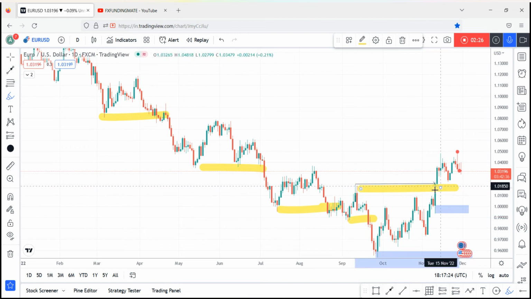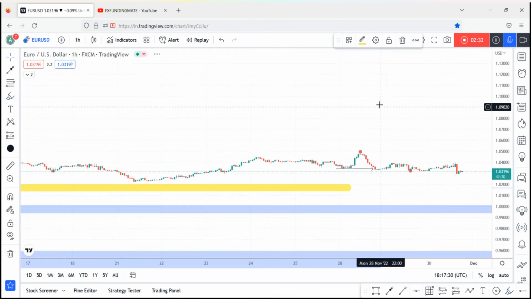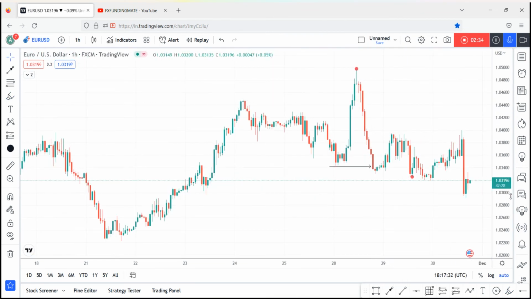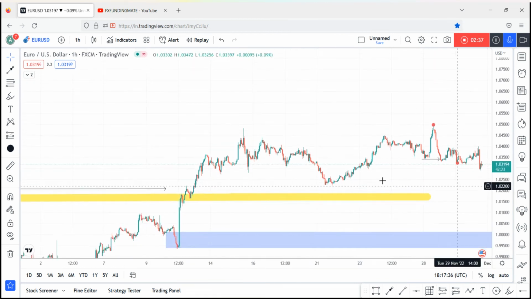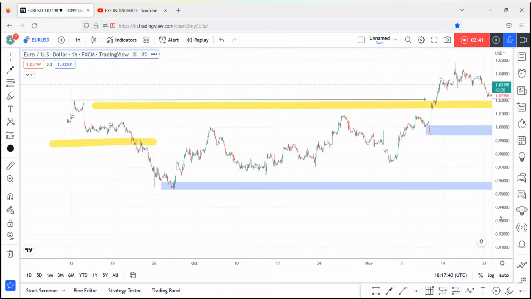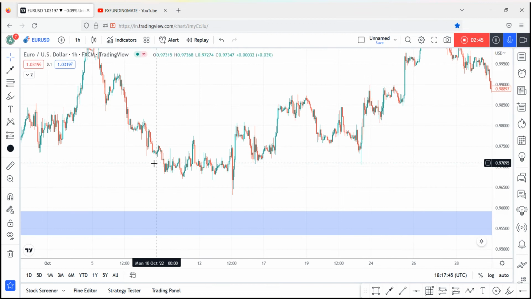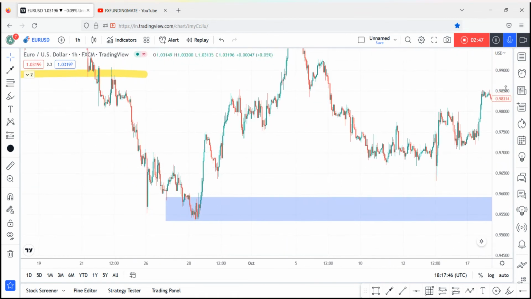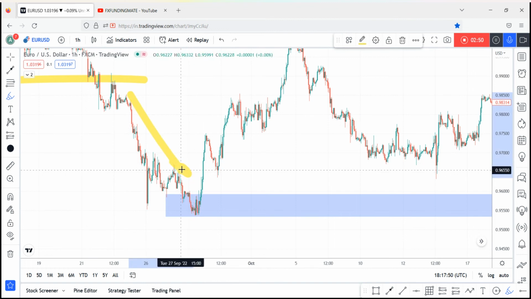From here, and if you refine it in a smaller time frame, what price was doing from here, price was in a bearish trend, right?